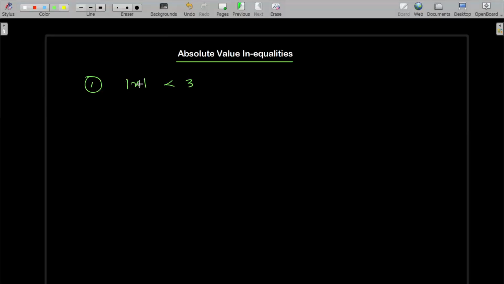So what do you understand by this, or if you can guess the solutions? That's going to go to the left side, the arrow. Okay. And it's going to be a circle on the 3 and not a dot.